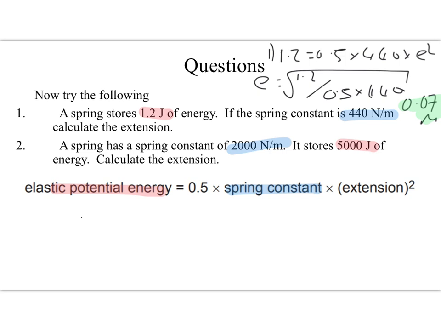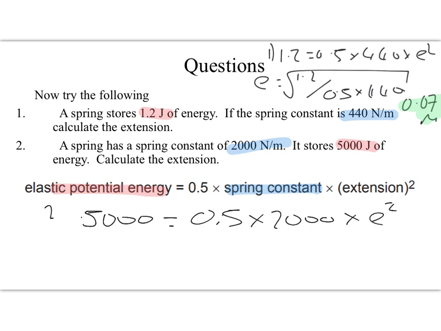Question 2, I think I've got a bit more room for this one. So if we go over here with question 2, we're going to put the numbers in again, so we'd end up with 5,000 this time is equal to 0.5 times 2,000 times E squared.